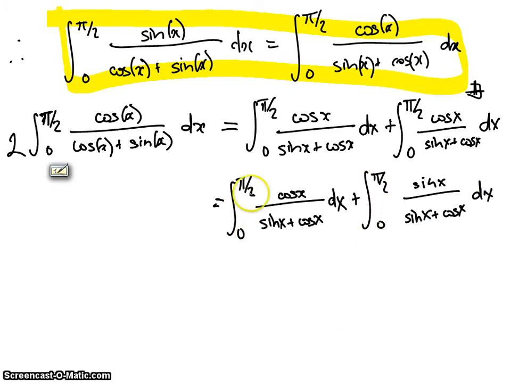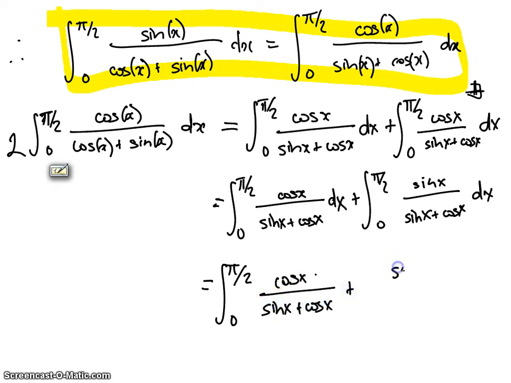And now, because these integrals have the same bounds and are with respect to the same variable, I can actually combine them into one expression. This is the same thing as cosine x over sine x plus cosine x plus sine x over sine x plus cosine x dx.